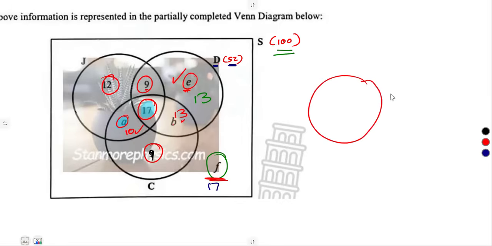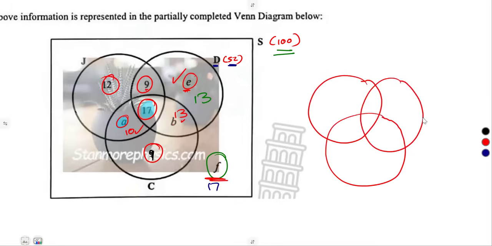You take your J, this is your D, this is your C. So this is our J, D, C. So remember, we need C union J intersection D. This is what we need, J intersection D. This is what we want.